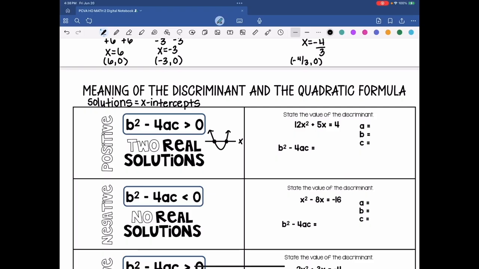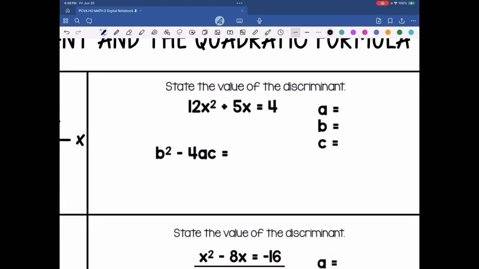So if I look right here, I know that my A is 12, my B is 5, and my C, whoops. So when I look at this problem, the first thing that I notice is that it's 12x squared plus 5x equals 4.